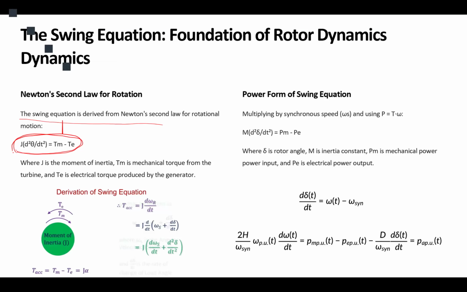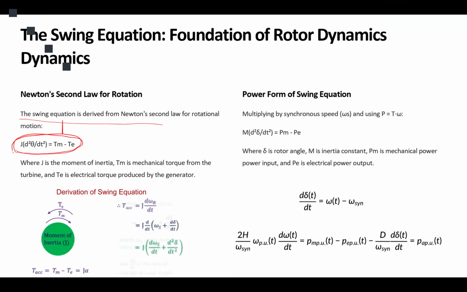That J is the inertia, Tm is mechanical torque, and Te is electrical torque. Are we good so far? This is the mechanical engineering part of that model. I encourage you to look deep into that, but you don't need to understand fully what's happening over there. Is it mechanical engineering or electrical?